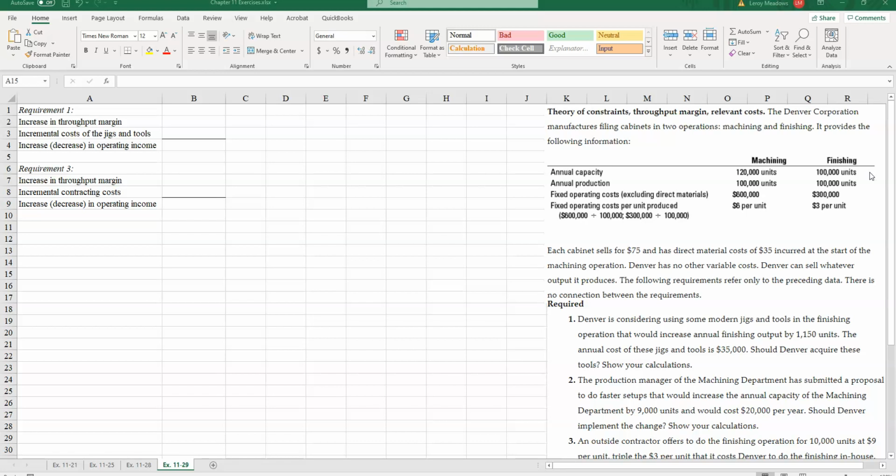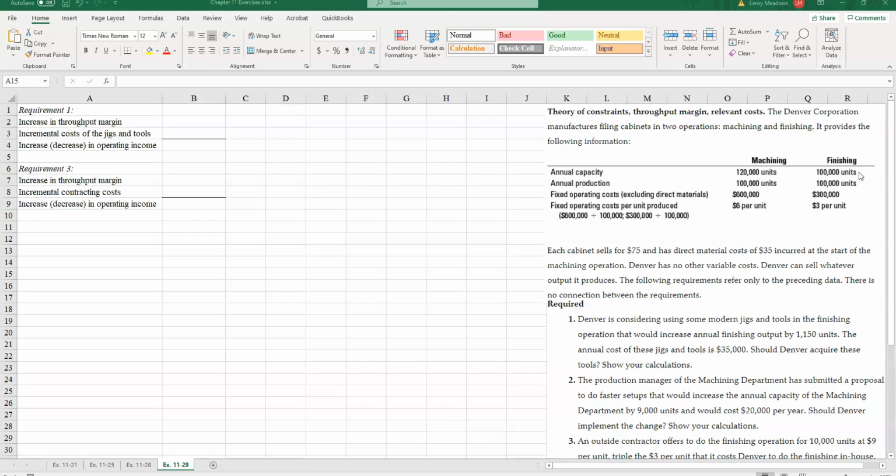So let's look at annual production. Annual production is only 100,000 units. That makes sense because the finishing department can only deal with 100,000 units at capacity, so our bottleneck is going to constrict our annual production to the amount of output that our bottleneck has.